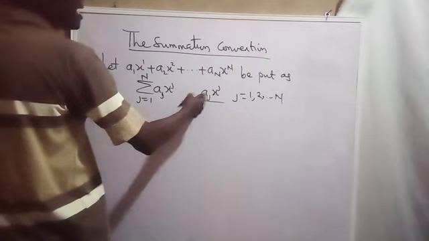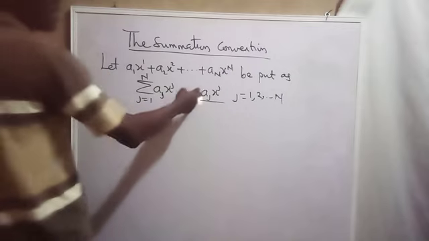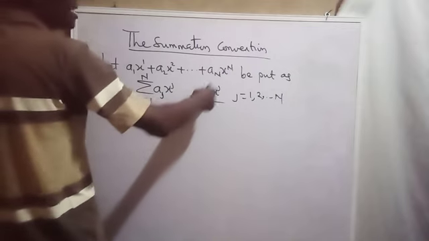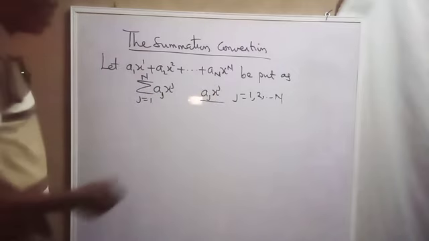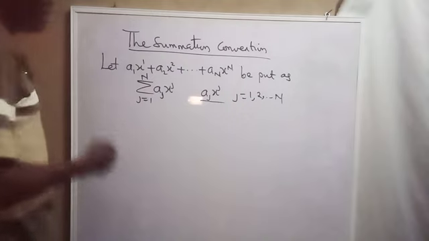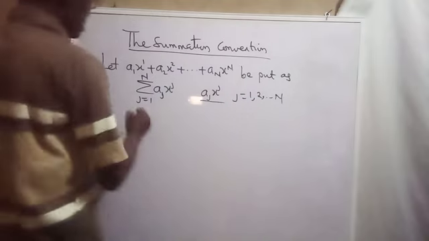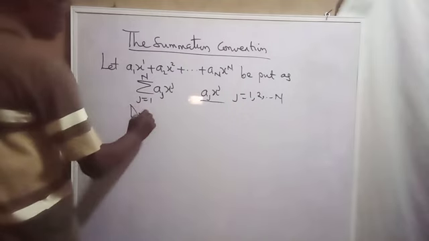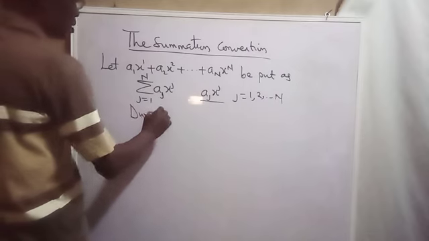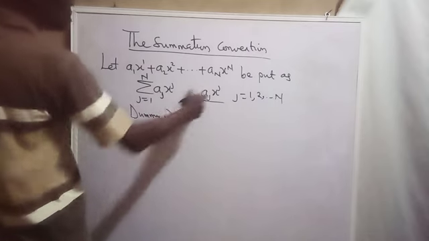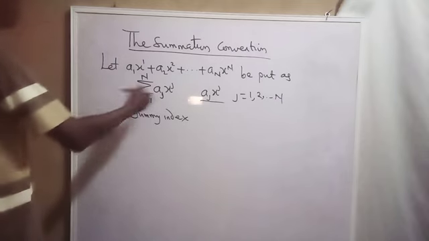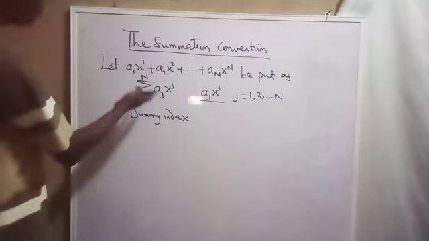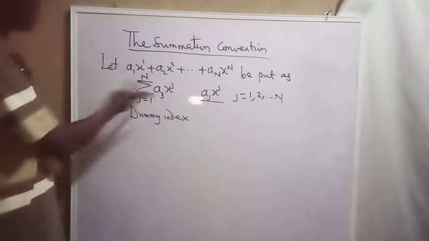Since j is repeated, appearing as a subscript and at the same time a superscript, we say j is a dummy index. Because it is repeated, and at the same time it is governed by the summation convention.